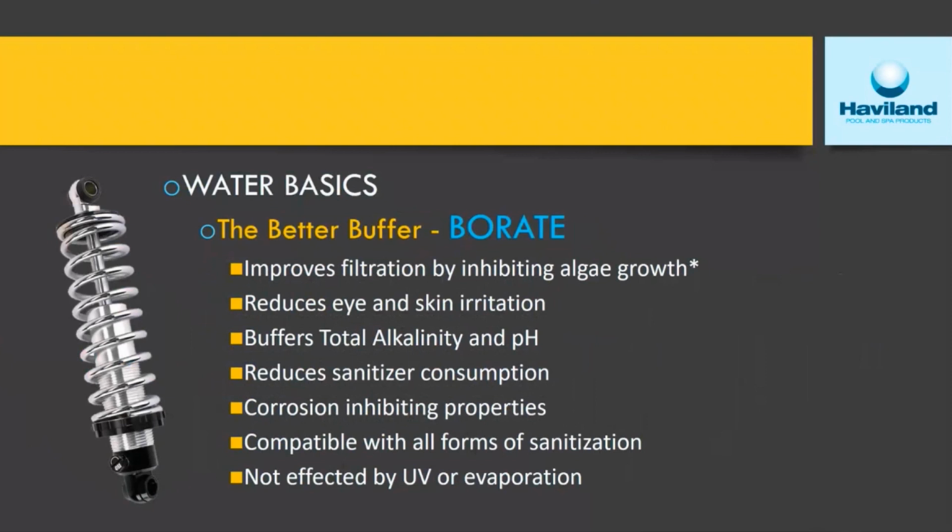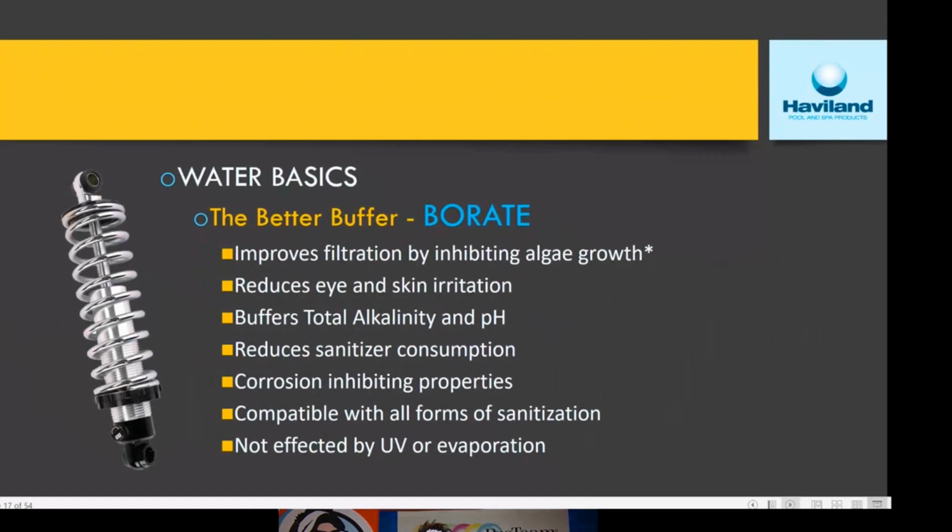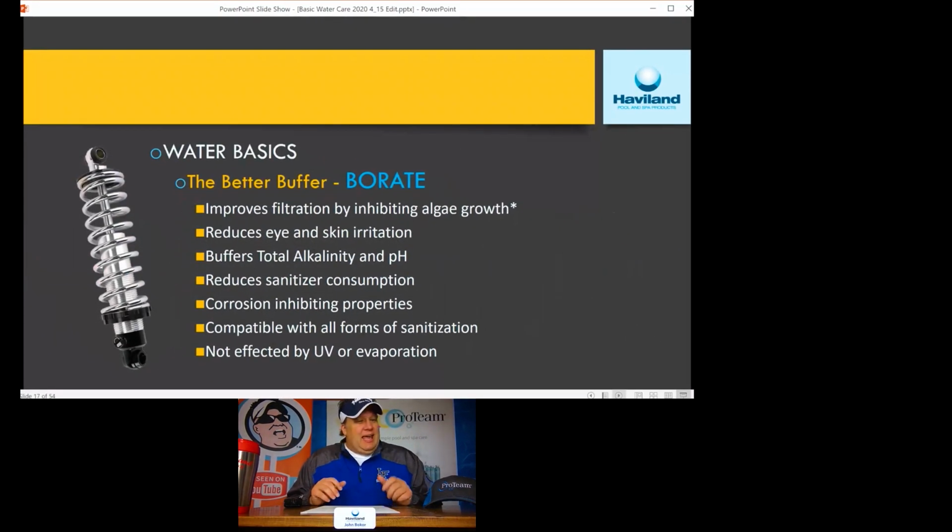And it's not affected by the UV rays of the sun. So you ask yourself, all right, John, what's the trick? This thing can't be the magic bullet. Nah, kinda. It kinda is. It does all those things. It makes pool water better. It just makes things work.